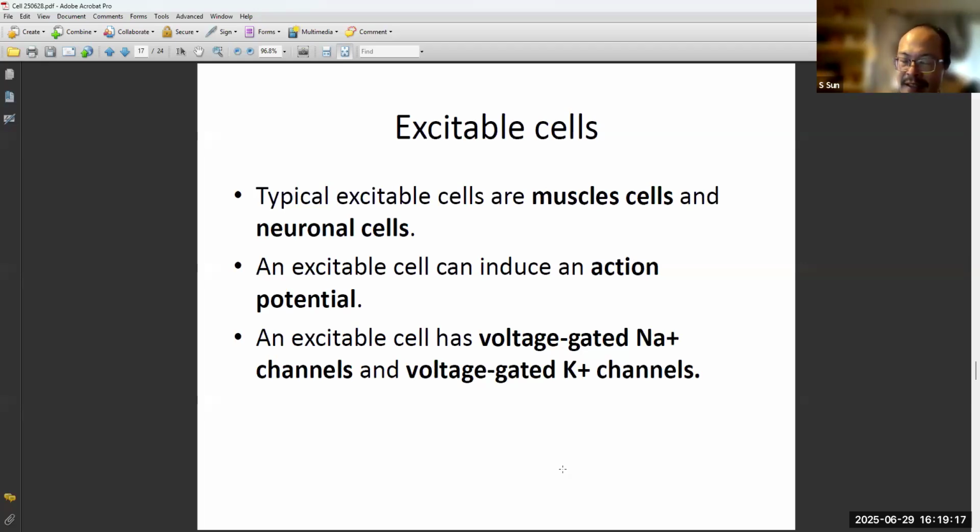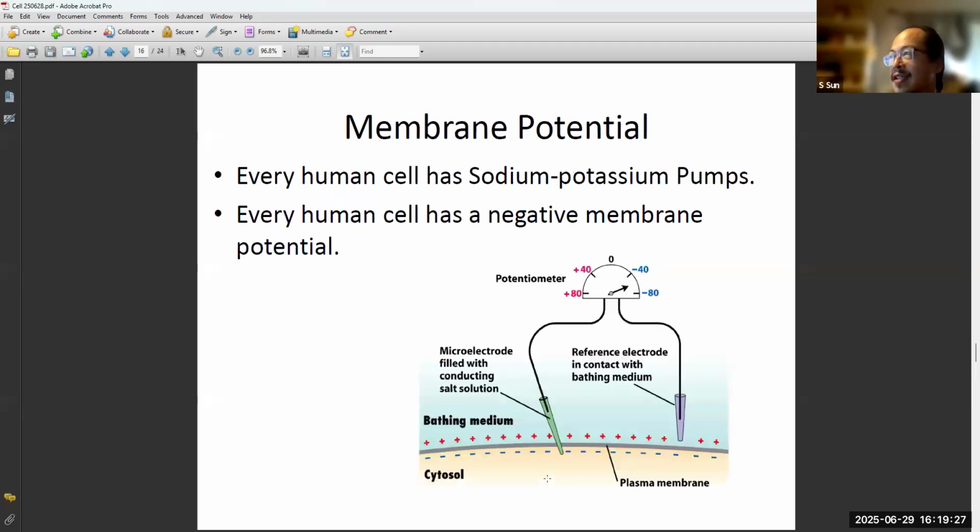When they get excited, they will change the membrane potential. They will neutralize it. This is polarized, right? They will depolarize it, make it neutral, make it equal.